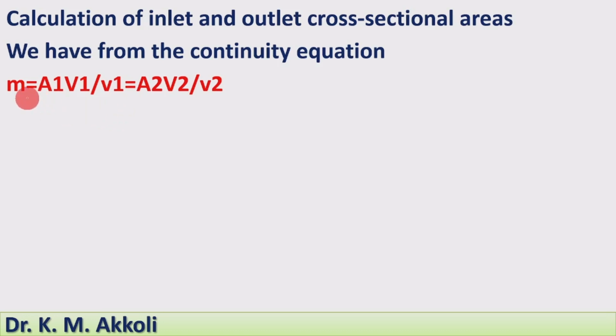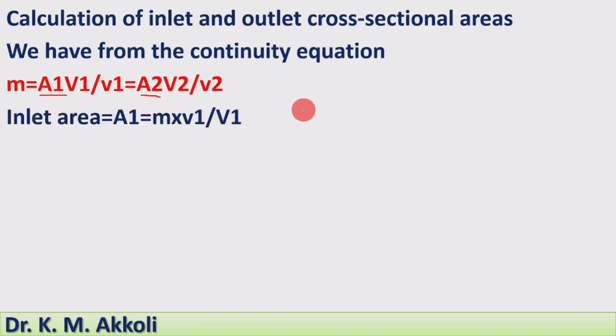The mass flow rate can be given as rho 1 A1 V1, or A1 V1 by v1, where v1 is the specific volume, because the inverse of density is the specific volume. That is equal to A2 V2 by v2, where v2 is the specific volume. This equation we can use, and here A1 and A2 we can find out from these two equations.